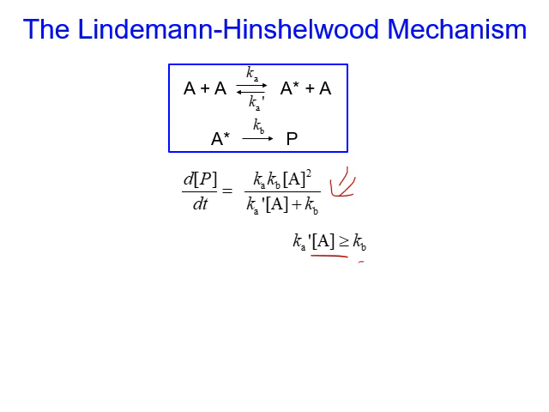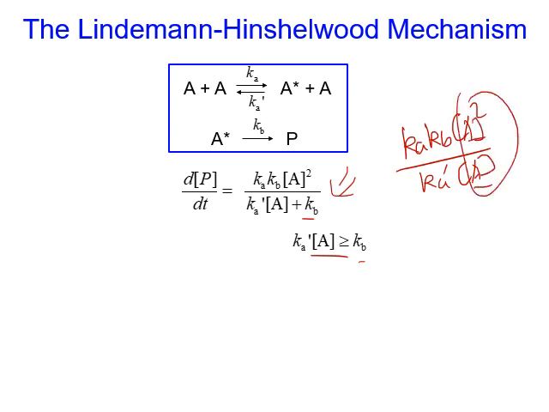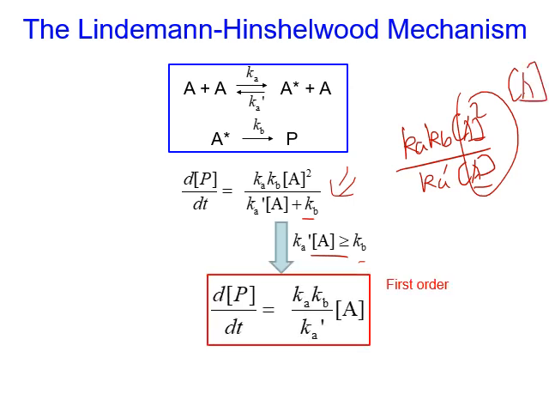So Kb can be omitted in the denominator, and the rate law becomes Ka Kb A squared divided by Ka prime A. A squared divided by A gives you A. And therefore, the rate law now becomes a first-order reaction, and the rate constant is the combination Ka Kb divided by Ka prime.